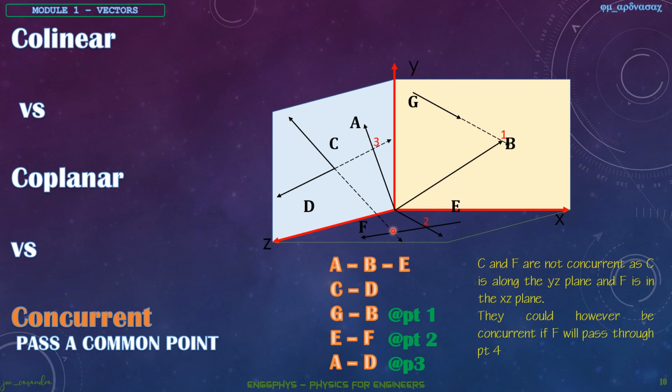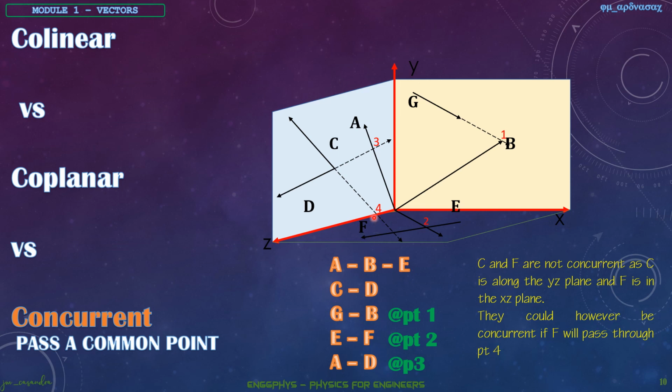No, they are not concurrent, as vector C is on your YZ plane and F is in your XZ plane. Mukha lang siyang nag-intersect, pero pag titignan natin siya spatially, hindi sila nag-intersect. Okay? So, however, your vector C and vector F could be concurrent if now our vector F will instead be positioned at point 4.